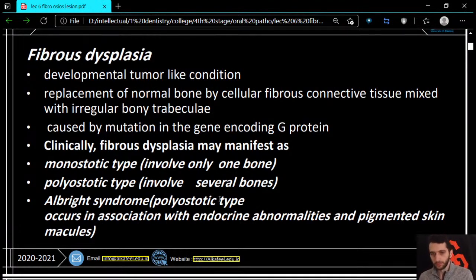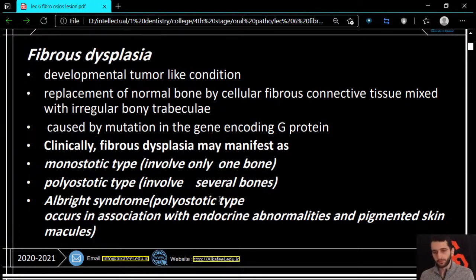Number 3, mutation in the gene encoding G protein. Again, I repeat, fibrous dysplasia is caused by the mutation in the gene coding for G protein.